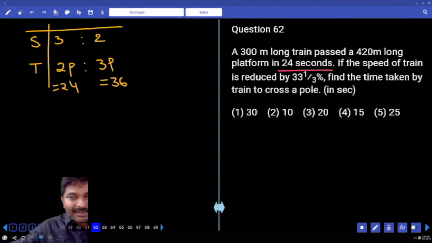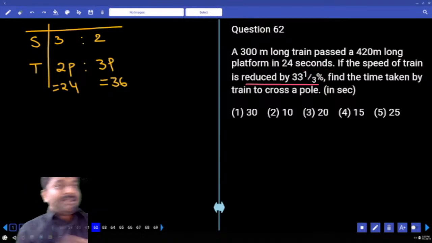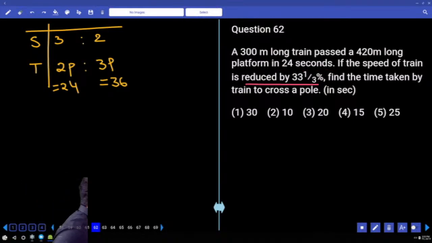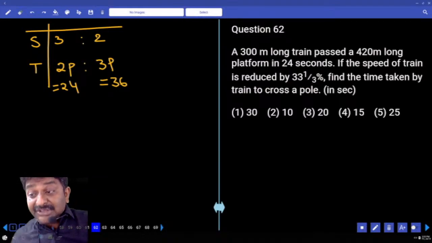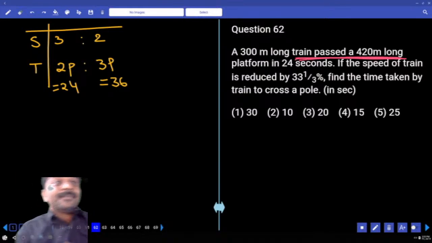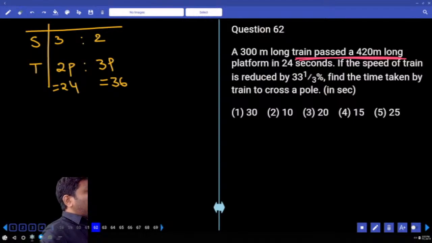Understood? Right. If speed reduces by 33 1/3%, how much time will it take now? Tell me. 36. But this is to cover, to pass a platform.